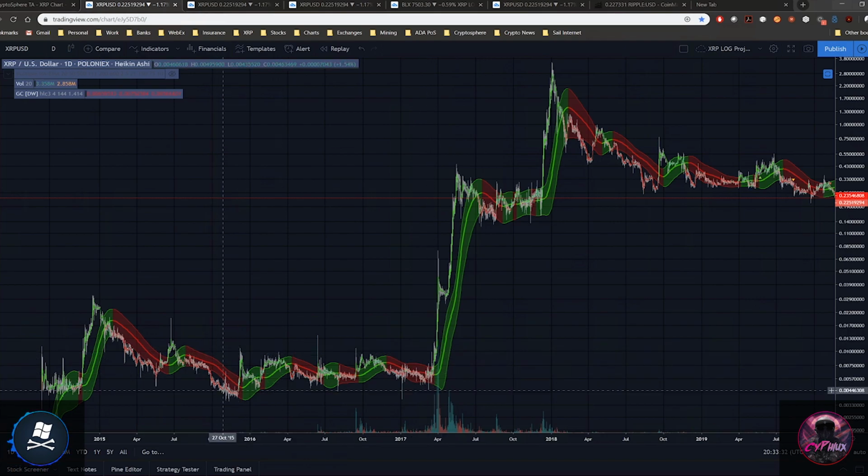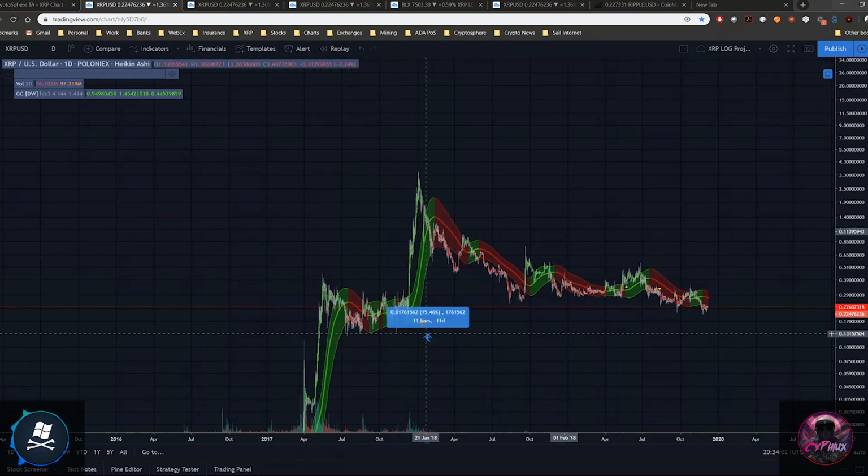So, is there a rule to say XRP has to consolidate for a specific amount of time? No. It's about the emotional sentiment of the market. As we can see, there are descending triangle patterns, or a descending wedge in this case. Eventually we break out of that wedge and then we consolidate again.